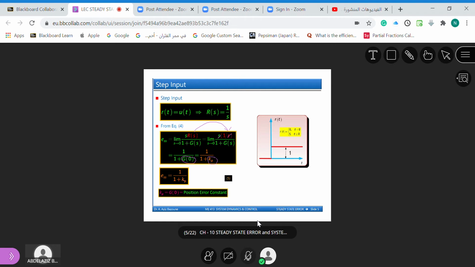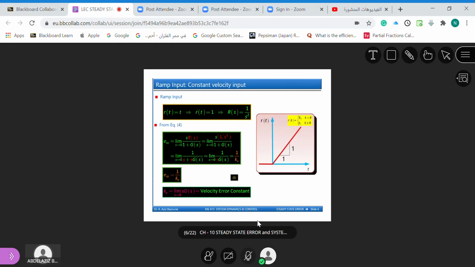Remember, we can write it like this: Kp equal to the limit of G of S when S goes to 0, or simply it is G of 0, the value of G when S is equal to 0. Is that clear, guys? So this is the position error constant, and the steady state error will be 1 over 1 plus Kp.